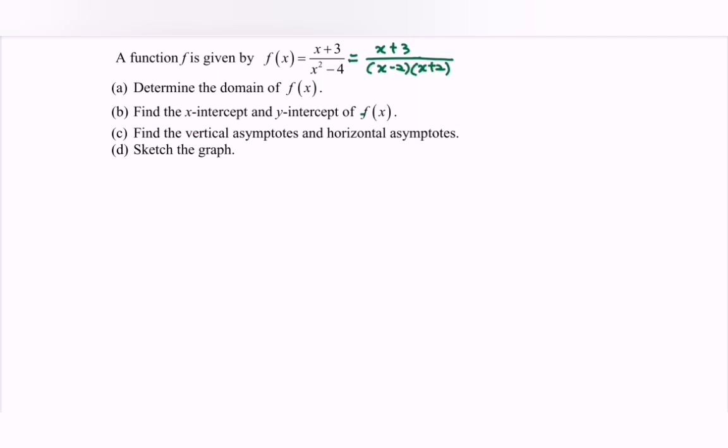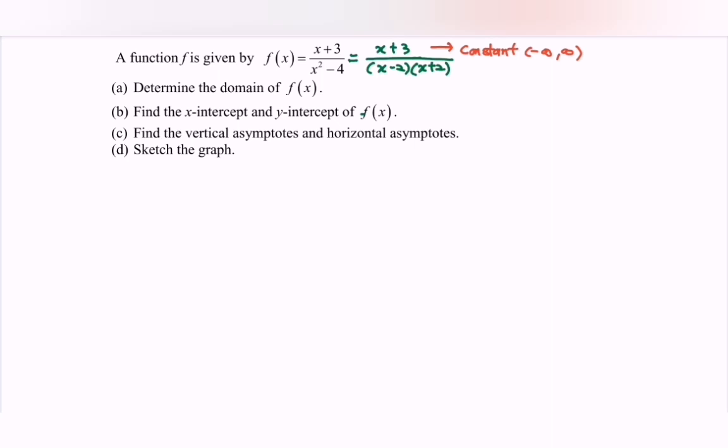Kindly refer to question A. Determine the domain of the function f(x). As we can see, we have a constant in the numerator, so its domain will be negative infinity to infinity. As for the denominator, the quadratic x squared minus 4 cannot be equal to 0.